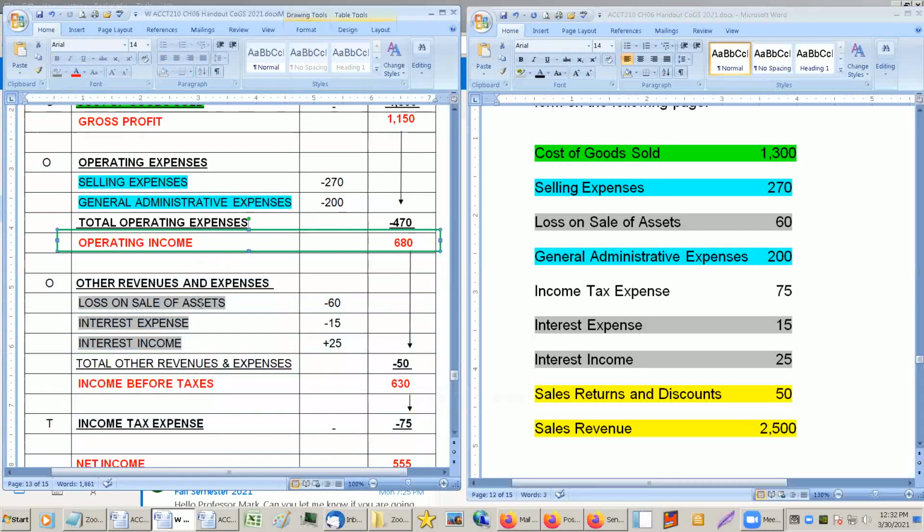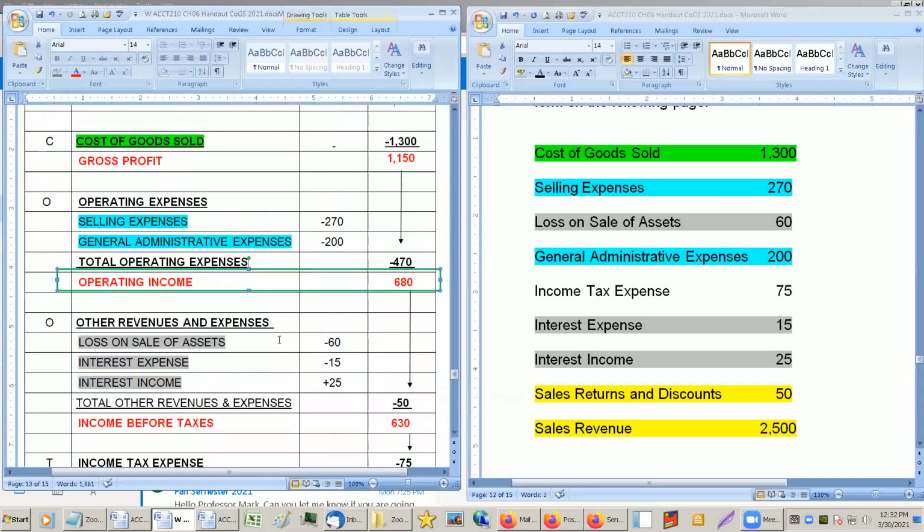So this is really what people would think of as a better number in some ways than the net income.